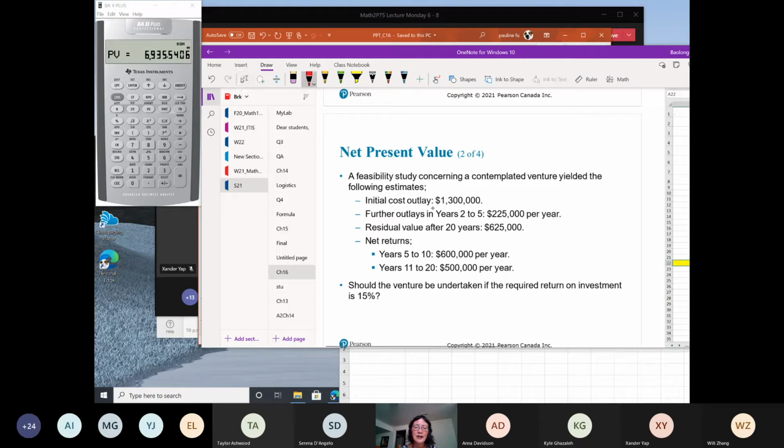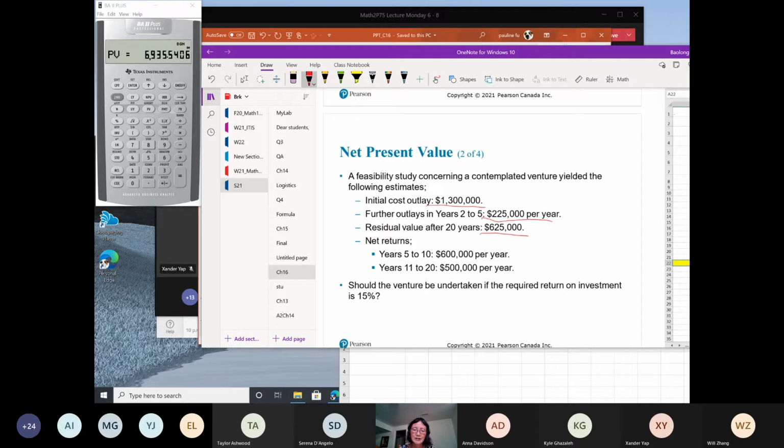Initial cost outlay, this is the initial cost, and further outlays in year 2 to 5, 225,000 per year. Residue after 20 years is this one.